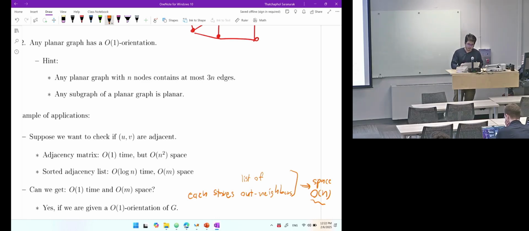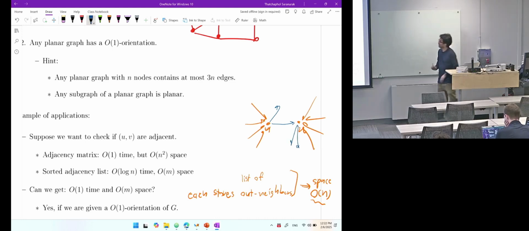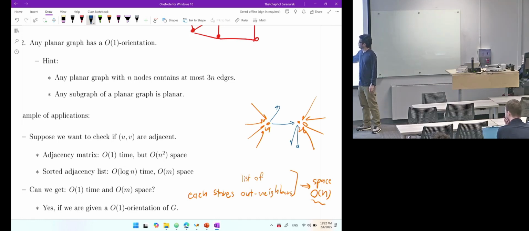And then how do you check if U and V are adjacent? Well, there can be a lot of in neighbors of U, and a lot of in neighbors of V. But you know that the out neighbors of U and V are small. And you know that if this edge exists, it must be an out edge of one of these two.